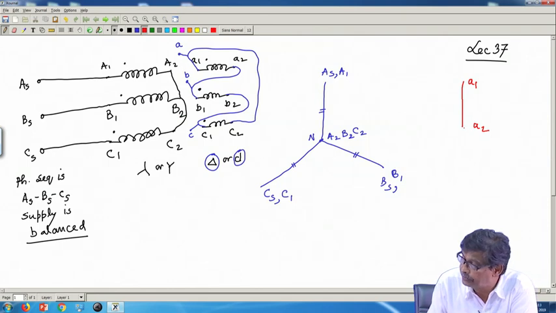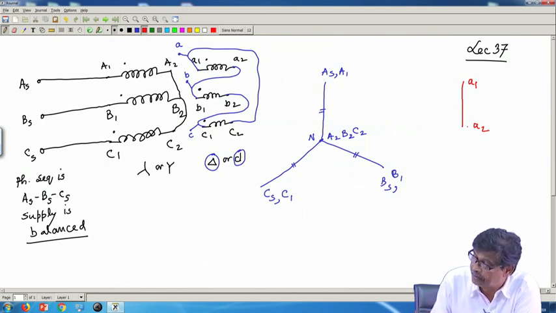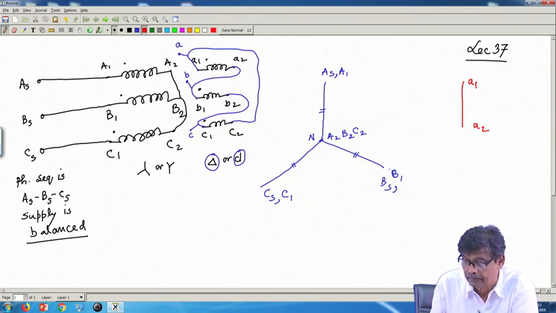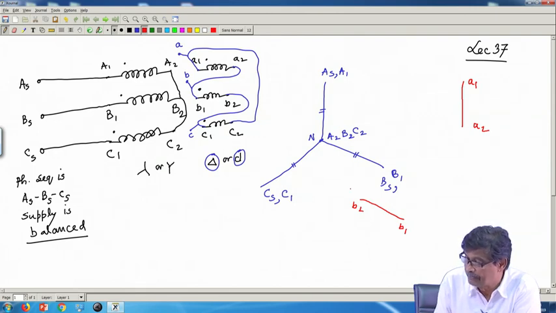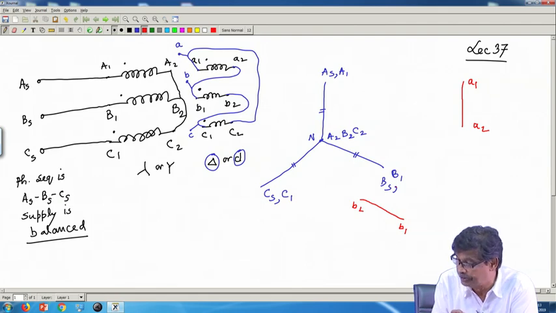are shorted. Therefore, how to place this? So, b1 b2, okay, and B1 is connected to A2. So, b1 b2 will be like this here. I am just drawing b1 b2 parallel to this, it is available, but I have joined A2 with B1.